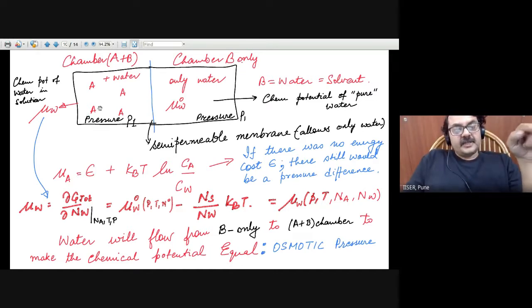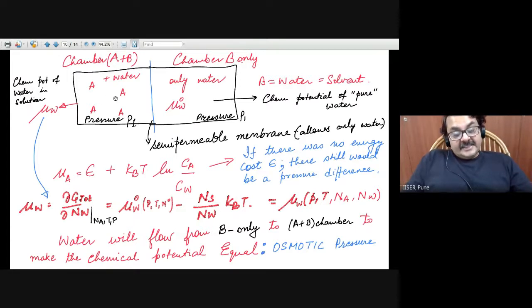So basically this system and this system will be in equilibrium only when the chemical potential of each of the species is equal, right? In this case water. But you know that the chemical potential of water, if both chambers are at the same pressure P1, is less by this amount. So water molecules will go in here, change the pressure, and change the chemical potential, right?